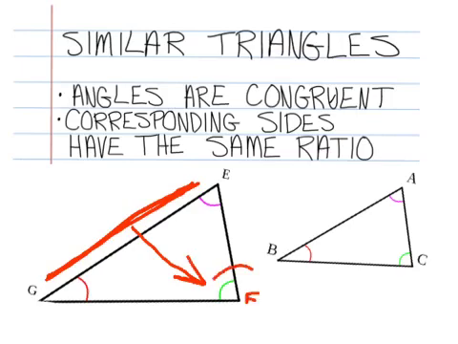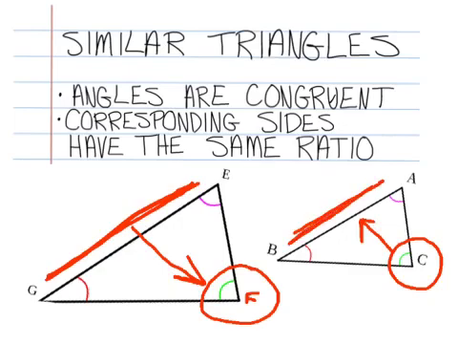And that should be an F. It's kind of faded. Angle F. What angle is congruent to angle F? C. Okay, we're looking at the side that is opposite of angle C. BA is going to be our side that is corresponding to GE. Okay, does that make sense?